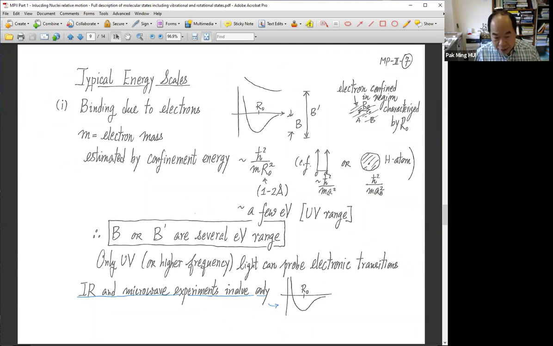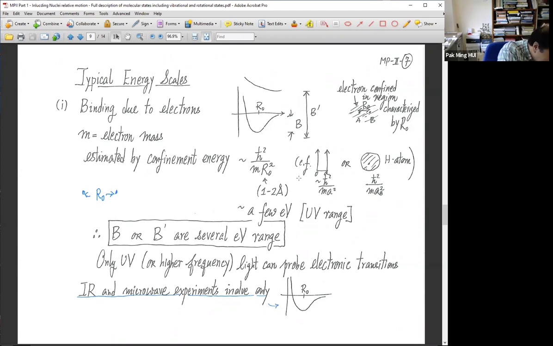You can even estimate by some quantum confinement method. By quantum confinement, we mean the following. Why do the two atoms bind together to form a molecule? Because there is a bonding. And now after all the work, we know that the equilibrium separation is R0.